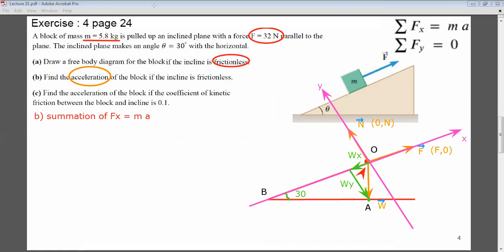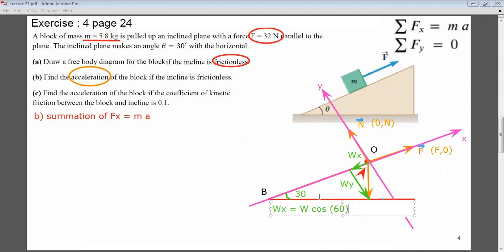So now, Wx is the adjacent or the opposite of angle 60? It's the adjacent. So Wx is equal to W cosine of 60. I just pay attention that Wx is opposite to the x-axis.